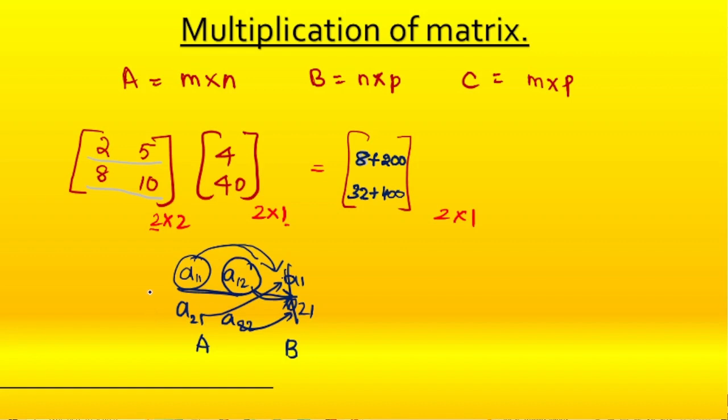Now you just add all these things. When you add, you will get 208 as your first result and 432 as your second result. So it is a 2 by 1 matrix. That's all. This is the answer.